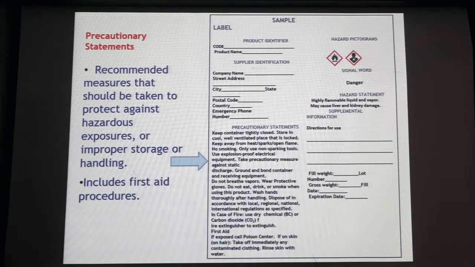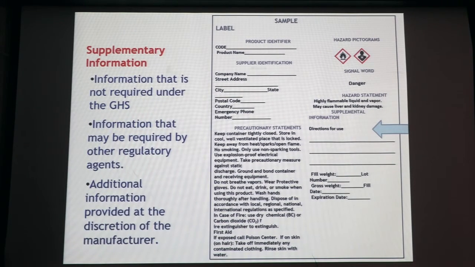Precautionary statement tells you how to protect yourself against the hazard and exposures, how to store properly, and first aid if you are exposed to the chemical. Supplementary information, anything else that the manufacturer thinks needs to be on the label.